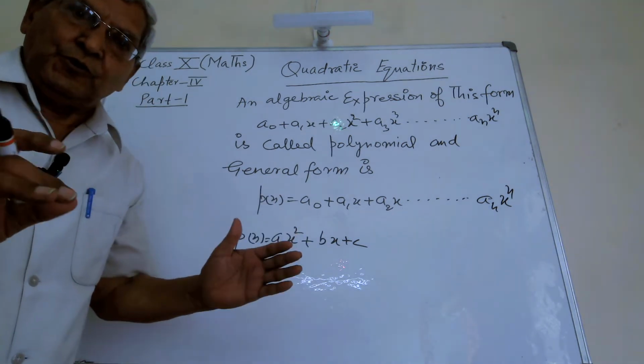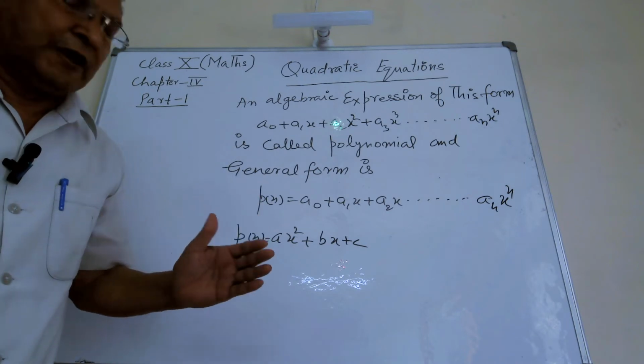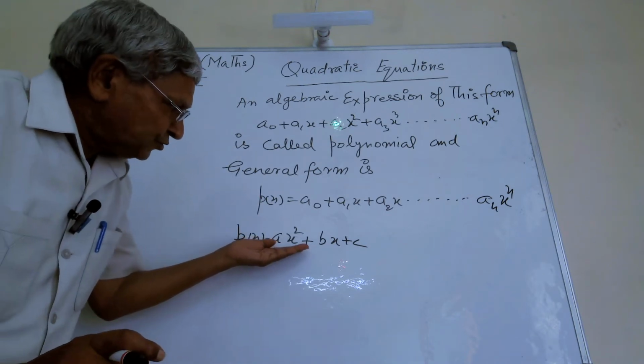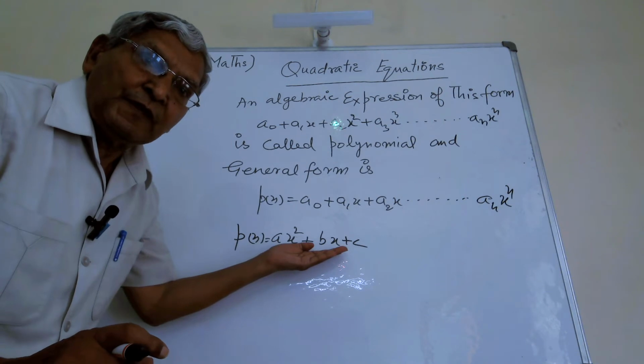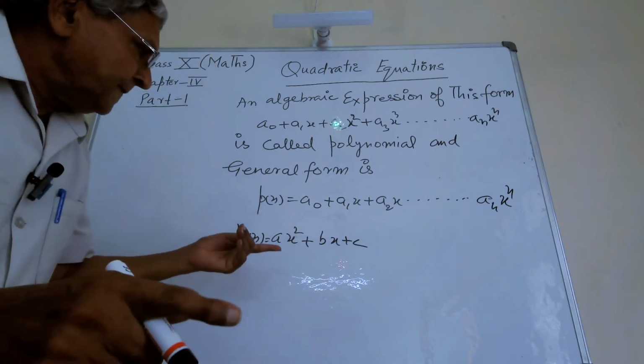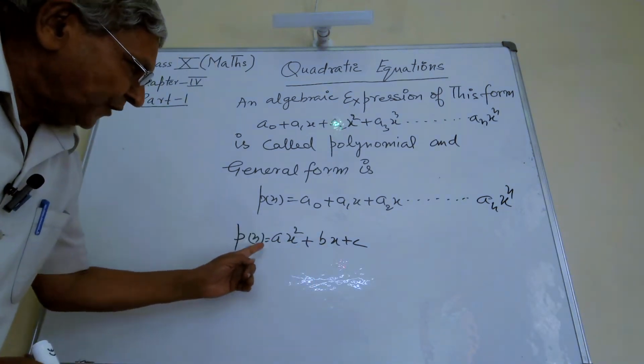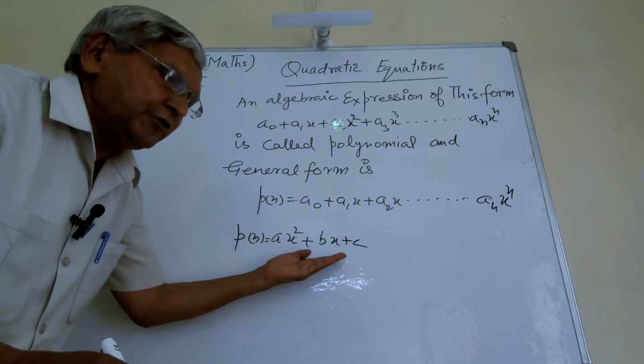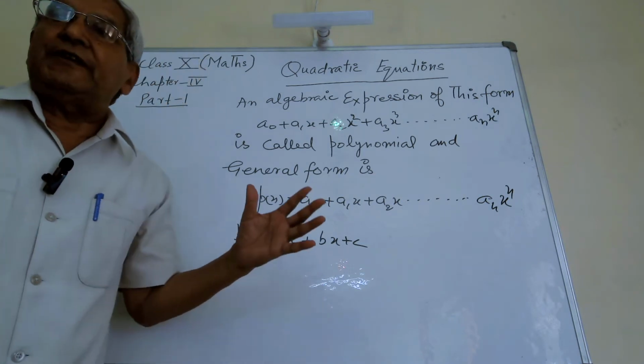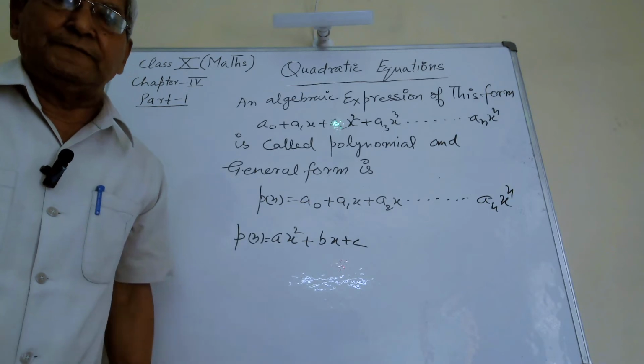As you know, the zero of this polynomial makes this polynomial 0. If you put the value of that alpha in place of x, the value of this polynomial will be 0, because that is the zero of the polynomial.